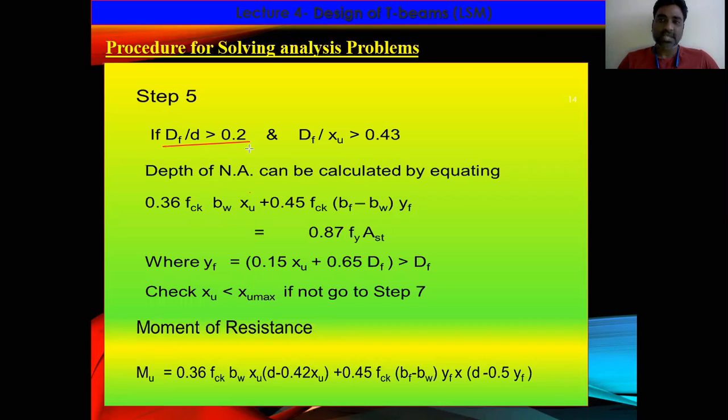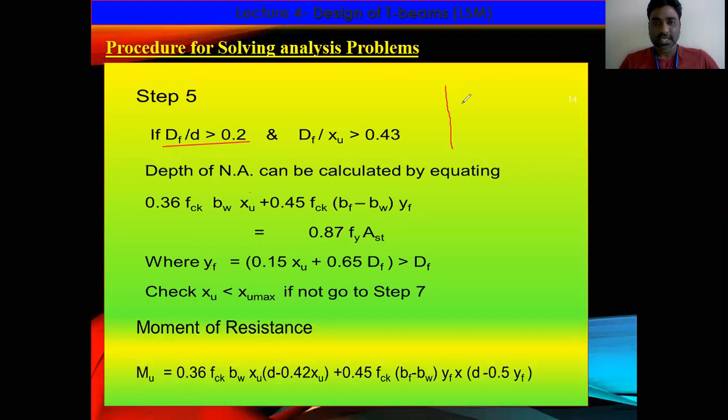It represents that if DF by D is greater than 0.2, the stress distribution within the flange thickness is not uniform, or I can say it is a combination of a rectangle and a parabola, right? But not exactly, it is just like what I would like to draw.